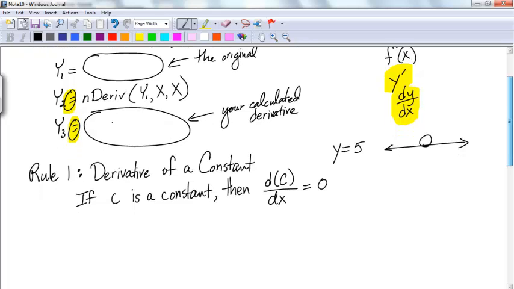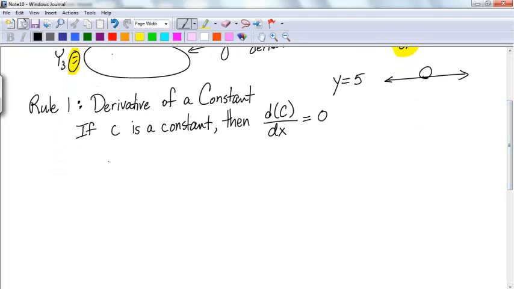So let me show you this in different notation. If I said the derivative of 5 with respect to x is 0, if I gave you the equation f of x equals 5, that's like y equals 5, then the derivative f prime of x is 0.